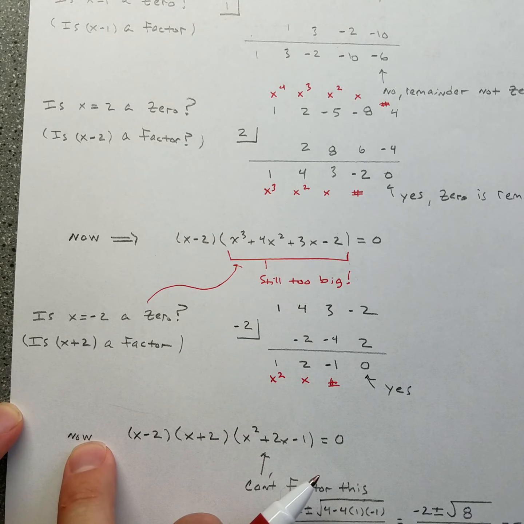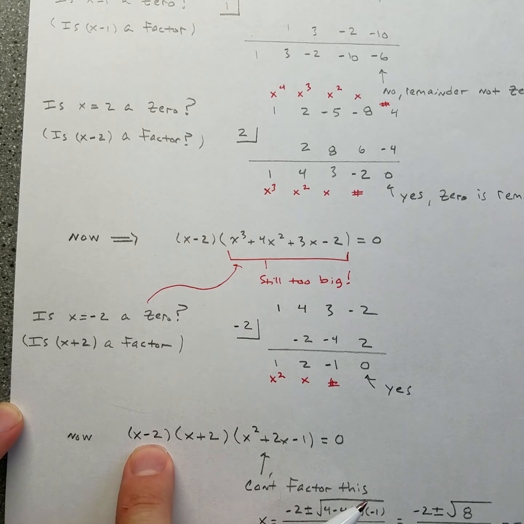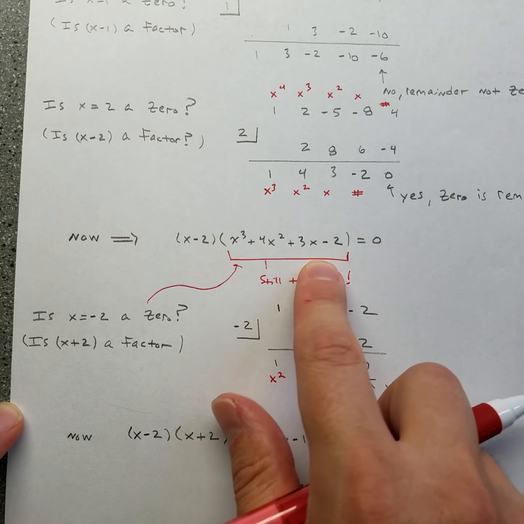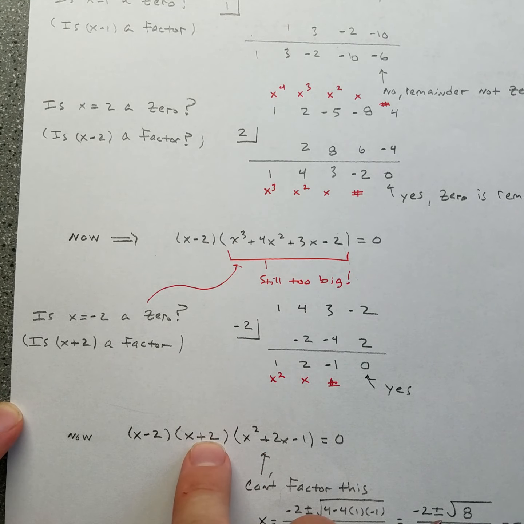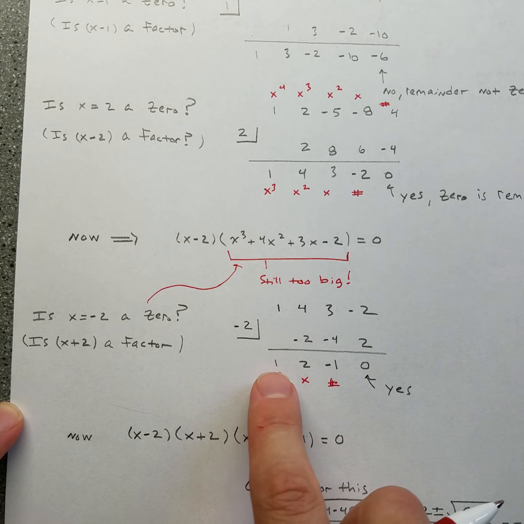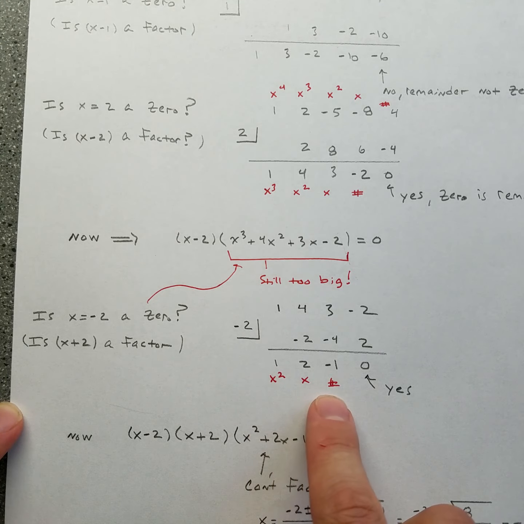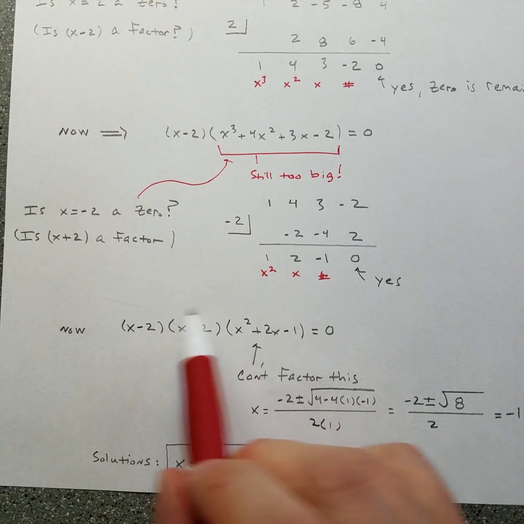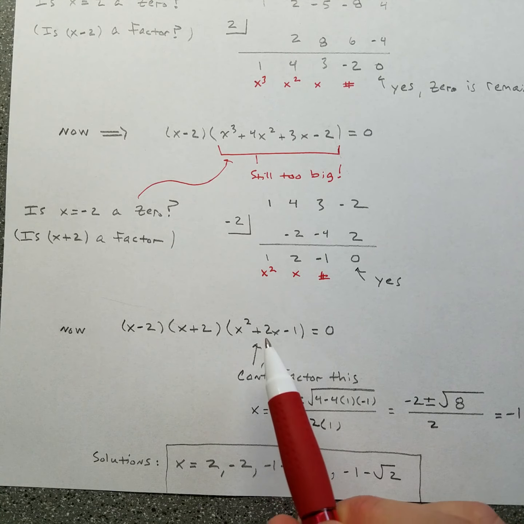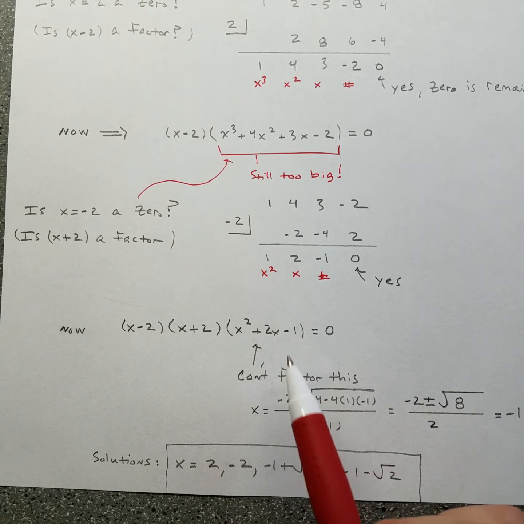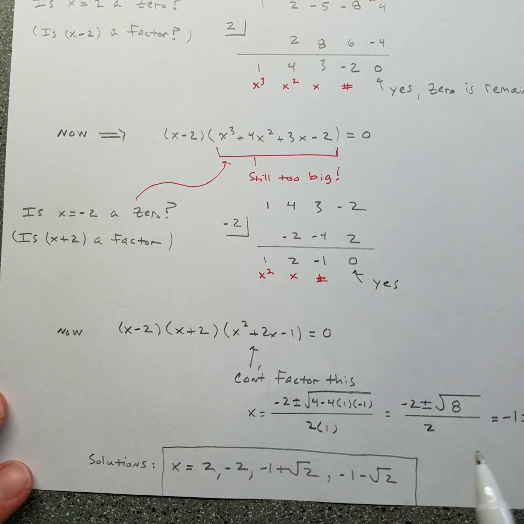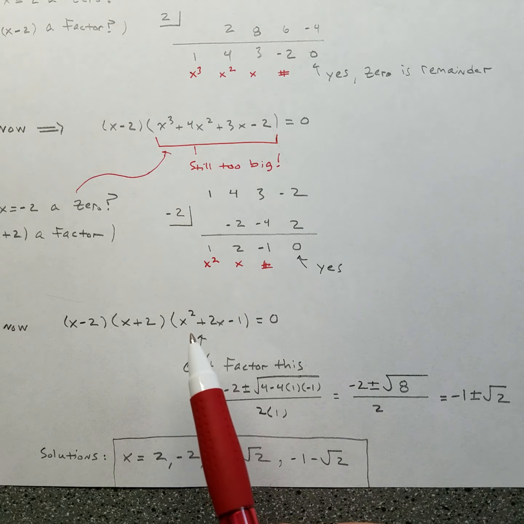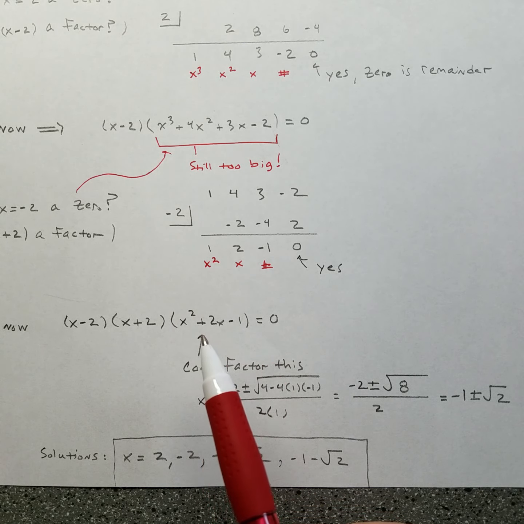So now I get x minus 2, and then that breaks apart to be x plus 2 times this, x squared plus 2x minus 1. Okay. All right, now when you get to this point, you'll realize that you can't factor that. If you try, it just doesn't work. So you have to use something called the quadratic formula to extract the answers from that part of it.